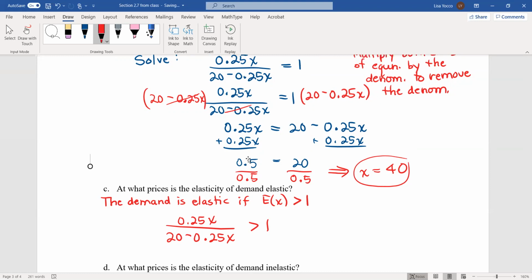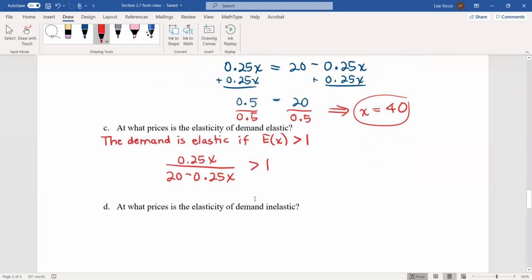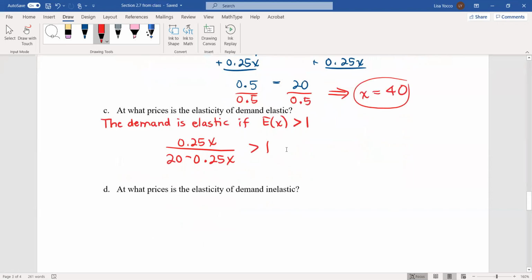I'm having a moment here because that's not just a trivial solution for that. That's what we call a rational inequality. Oh man.